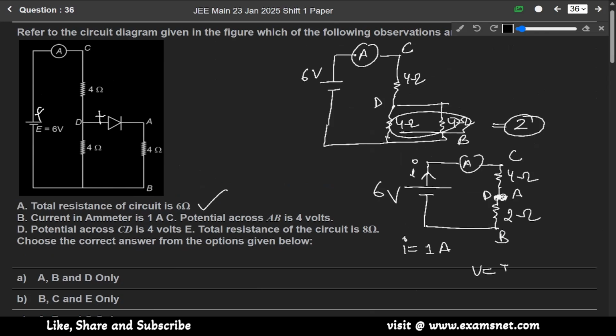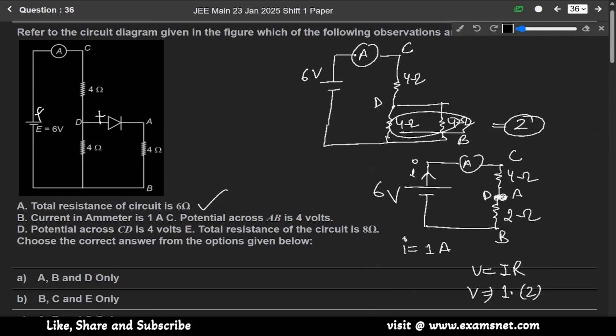So V equals IR. So if current is 1, R is 2. So potential across AB will be 2, not 4.